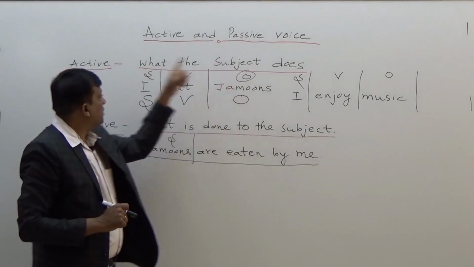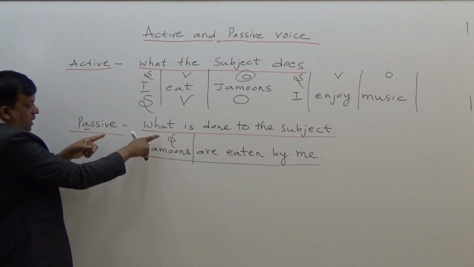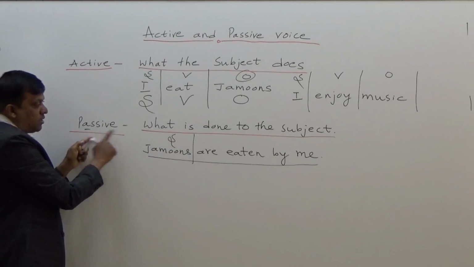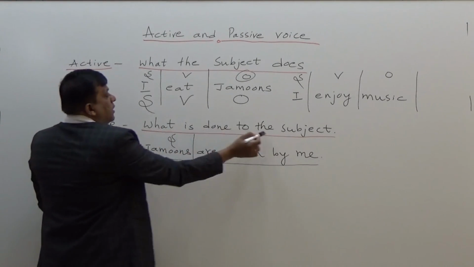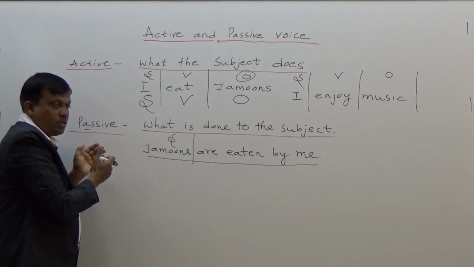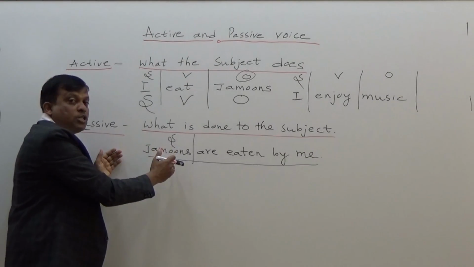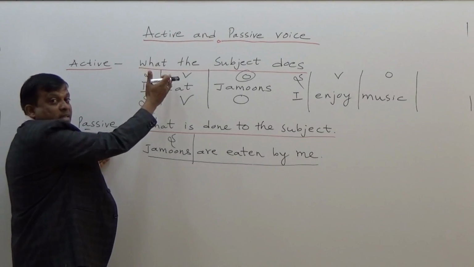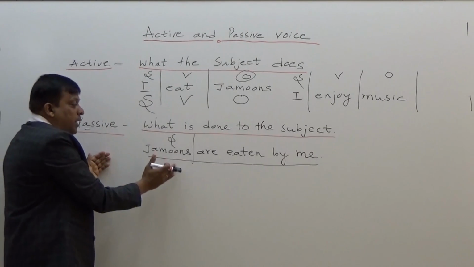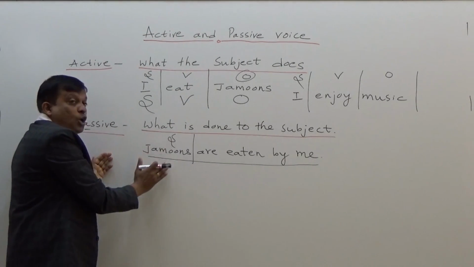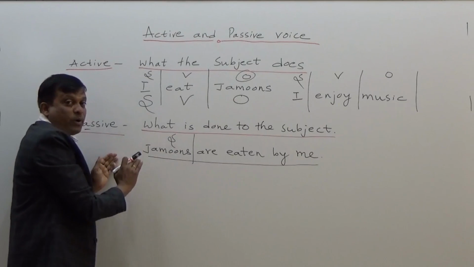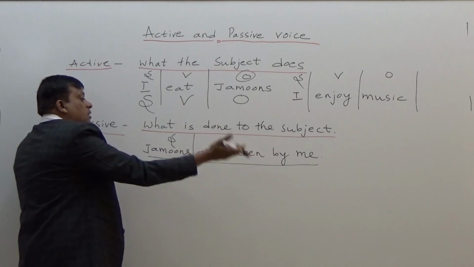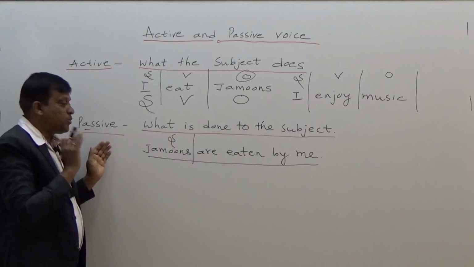The object of active voice has become the subject in passive voice. That's why, what is done to the subject, please follow me, action is not done by the subject. Action is done in active voice by the subject, but action is not done by the subject in passive voice, but in fact something is done to the subject.